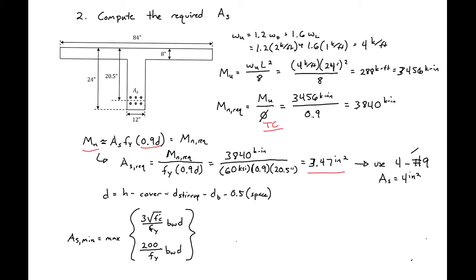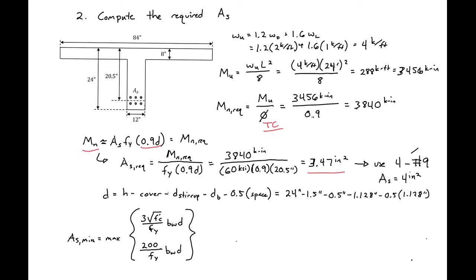So next we need to recalculate our D using the diameter of our number 9 bars because we had initially assumed a number 8 bar. So our H here is 24 inches minus our cover, 1.5 inches, minus the diameter of our stirrup, which we're still assuming number 4 bars, minus the diameter of our number 9 bars, 1.128, minus half of our spacing, 1.128.